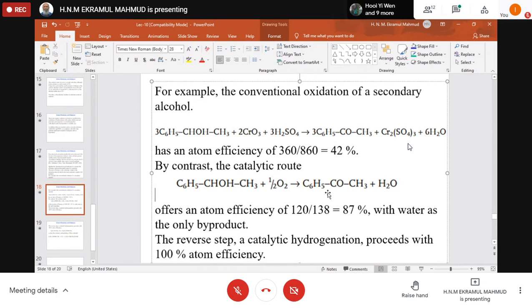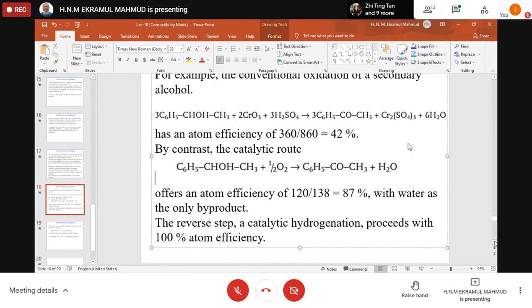So 120 plus 18 is 138. So 138 is the total weight, and the desired product is C6H5COCH3, that is 120, right, molecular weight. So it's 87%, and you see that it's 42%, whereby it's increased to 87% by following the catalytic route. So we use a catalyst here.